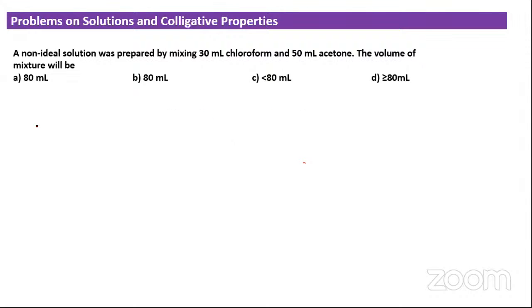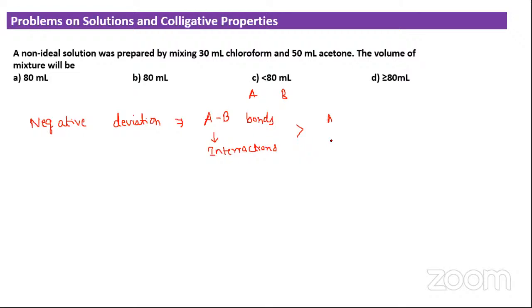That means when we talk about negative deviation, इसकी characteristics क्या है कि if we have two, A and B as solute and solvent or whatever, so the AB bonds are more likely to form. मतलब कि AB interactions are more feasible, ठीक है, as compared to AA or BB interactions.